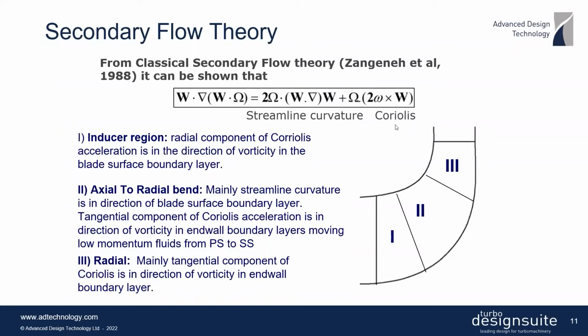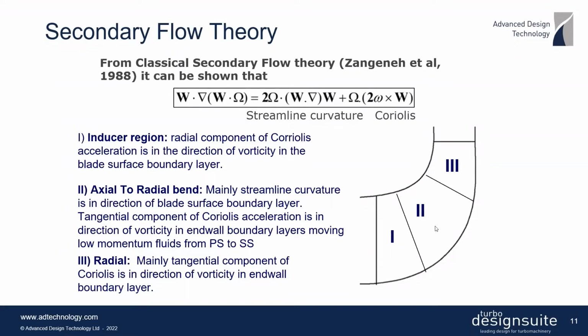And then based on this, you can divide the rotating channel into these three parts. But generally in the inducer region here, we don't get a lot of secondary flows because the boundary layer hasn't grown very much. And also in the radial section, it's mainly the tangential component of Coriolis acceleration. But when you come to section 2, which is the axial to radial bend, here you will have two contributions.